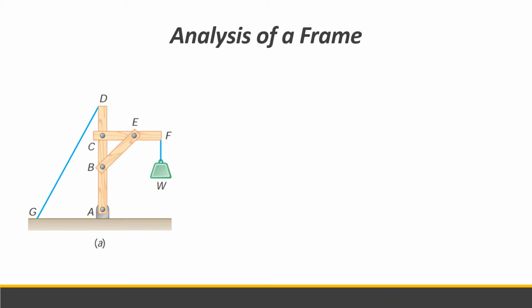And this will be the free body diagram. There is a reaction at A, which is AX and AY, and then the tension at cable GD and the weight of the suspended weight W. That is the free body diagram.